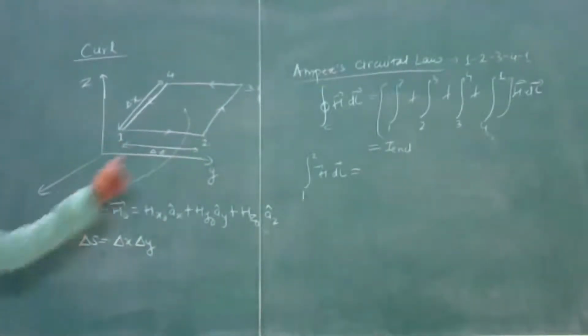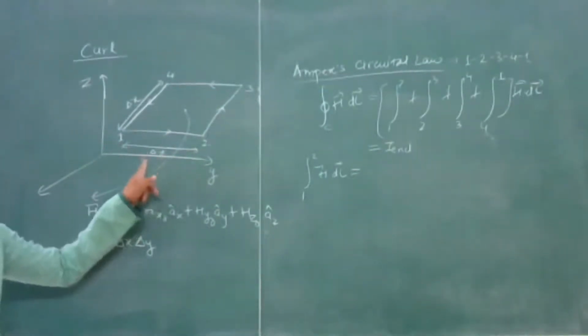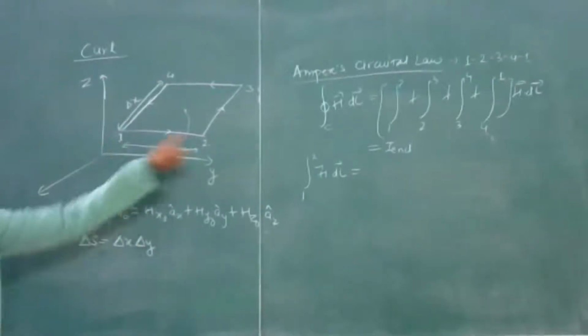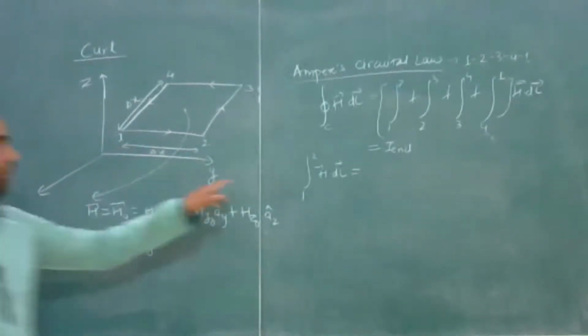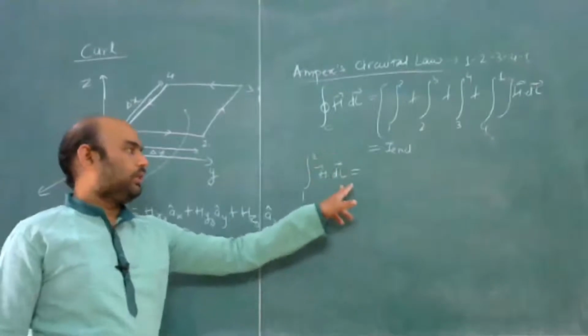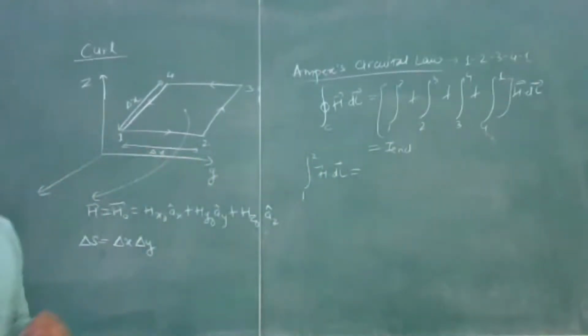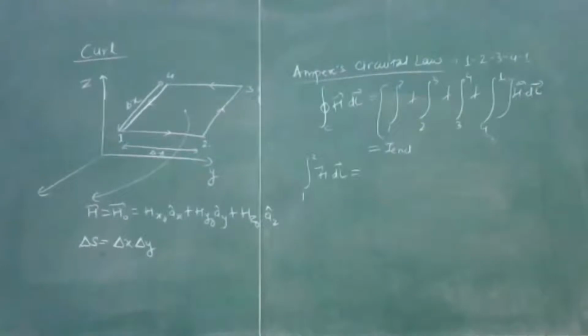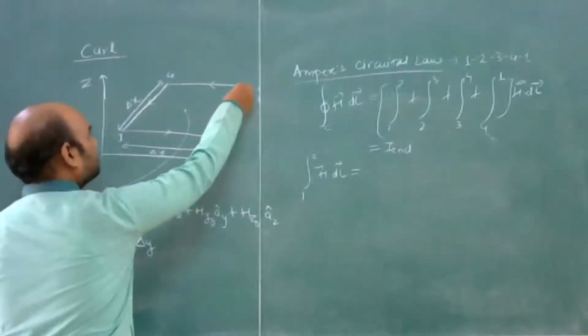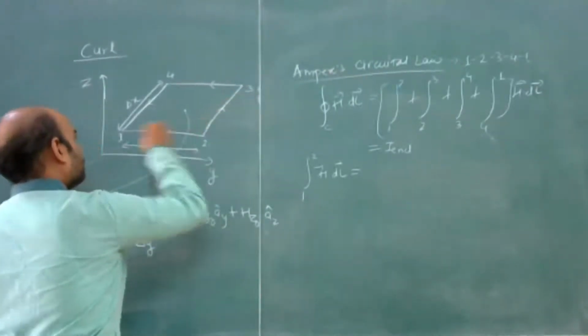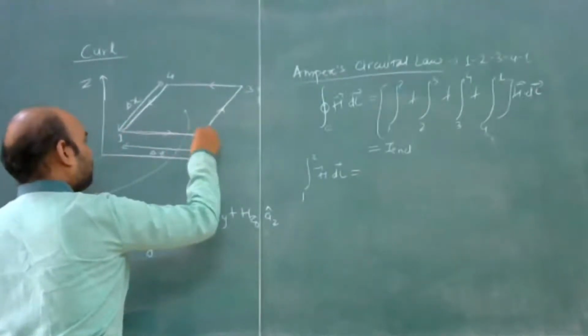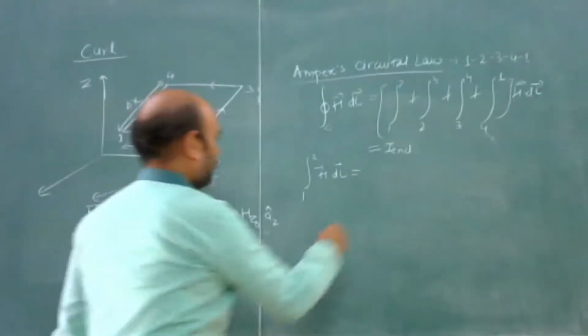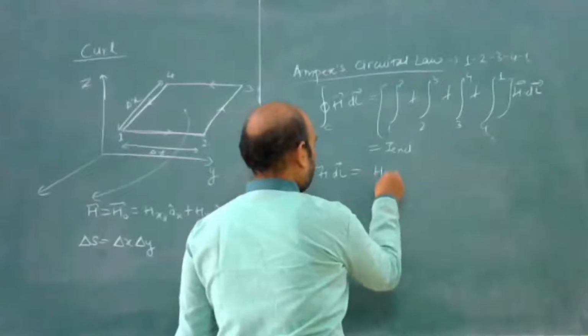From 1 to 2, the length is delta y. If you integrate dl from 1 to 2, it will be delta y. Let's suppose the magnetic field intensity is Hy.